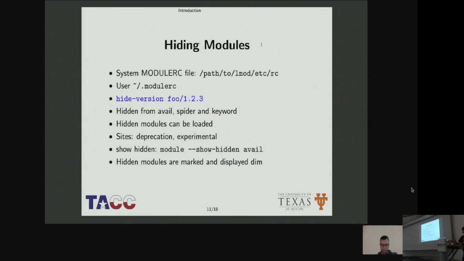You can have a marked default, or it will choose the highest lexicographic one, as long as it's not hidden. So I decided that I needed to mark the hidden modules, because if you saw that Intel 17 was installed, but it was marked as experimental or hidden, it would look a little strange. So I added that feature.